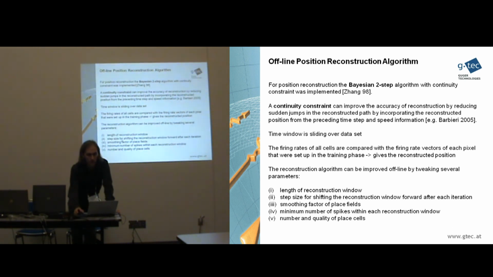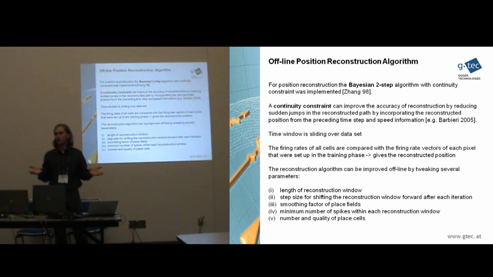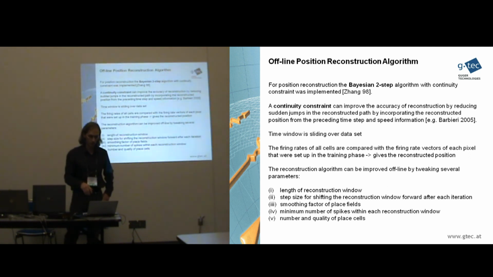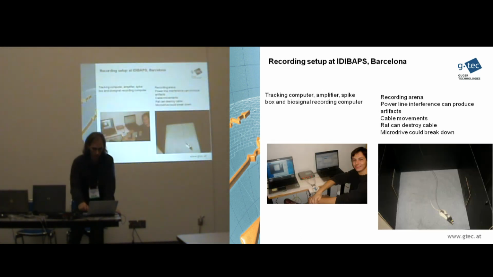You can also define the step size, how fast you move the sliding window over the data set. You can define the smoothing of the place cells, which is especially important if you just have a few place cells. The minimum number of spikes in each segment is important. If you don't have spikes, there's nothing you can reconstruct. And the number and quality of place cells, of course, is important.